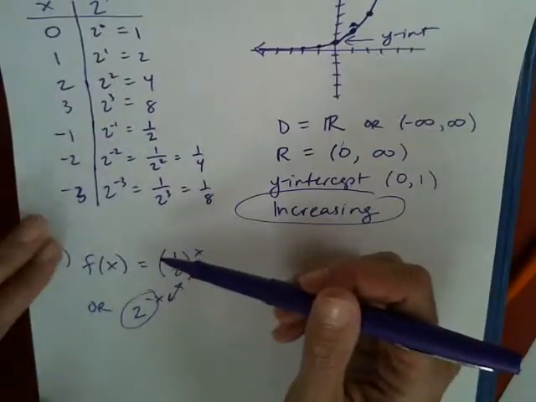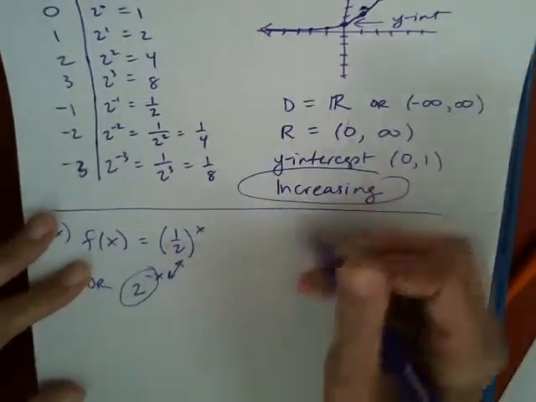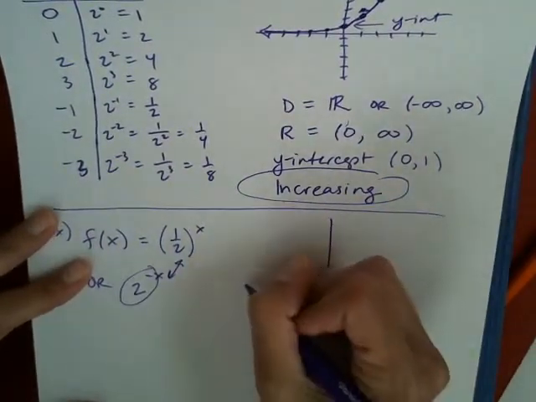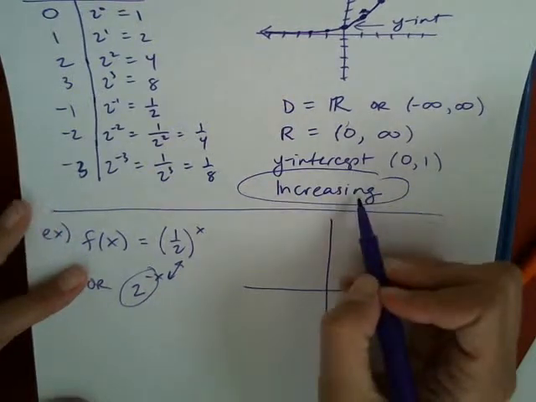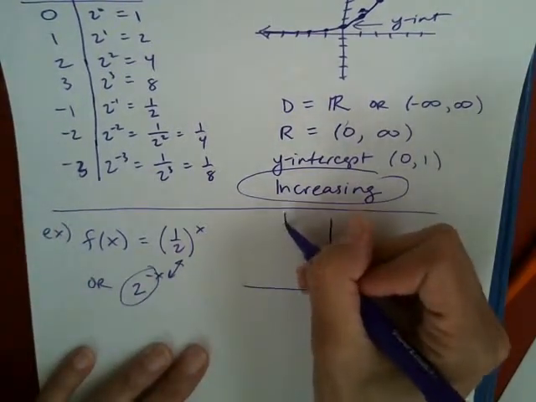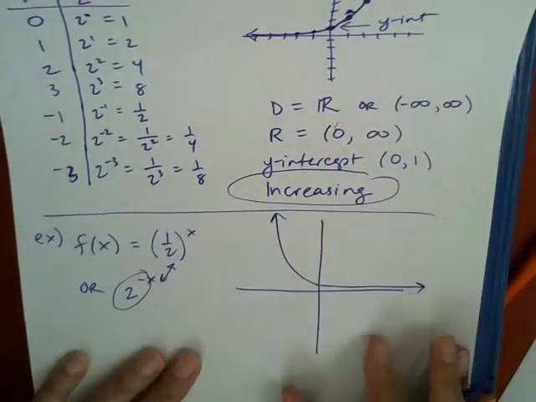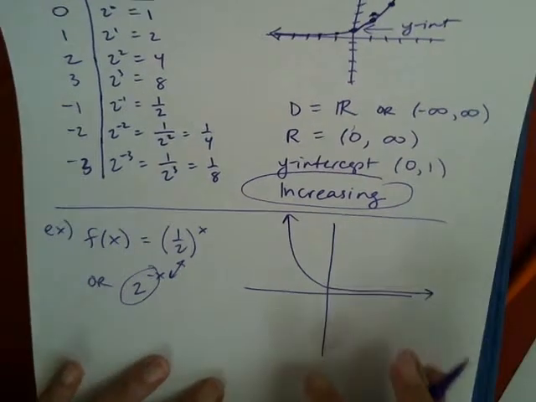It's a fraction. And this one is my decreasing exponential. You can do your own t-table. I'm just going to sketch it. It does have the same y-intercept, but it decreases. So on the left, I start up high, and then I quickly move down. But I have the same properties.